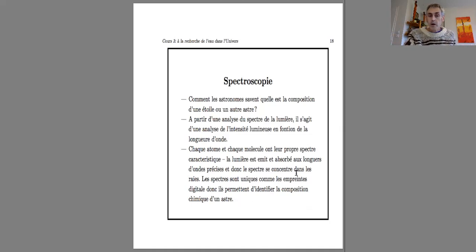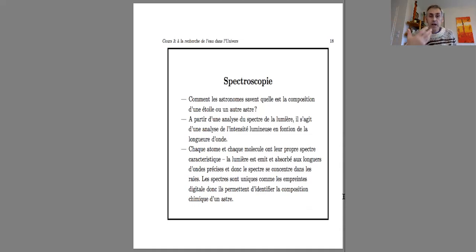And because there are literally dozens of these emission and absorption lines associated with each molecule and atom, that are unique to the atom or molecule in question, they form a sort of digital fingerprint, if you like.